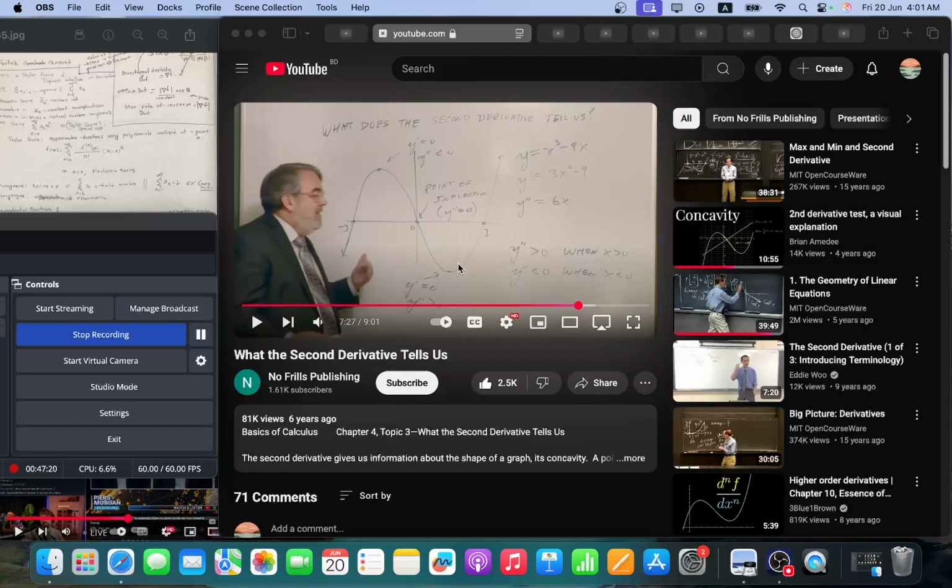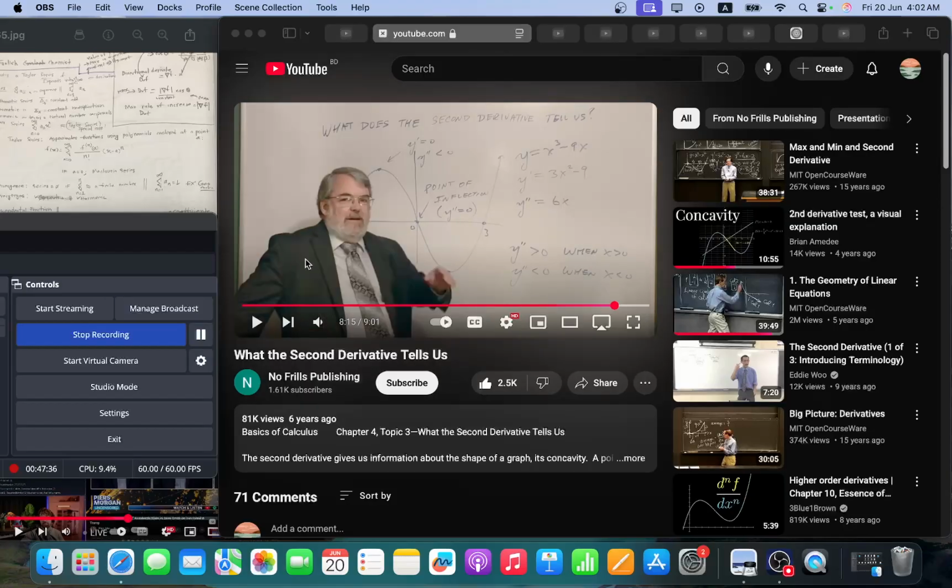At both the minimum and maximum points, the first derivative is 0, and the second derivative is higher than 0 at one point and lower than 0 at the other. That's how we know maximums and minimums.